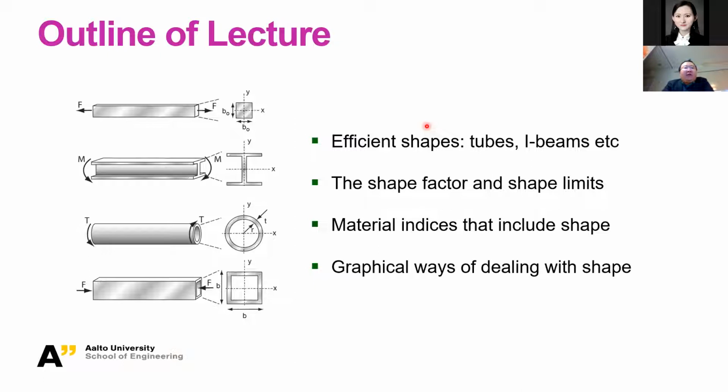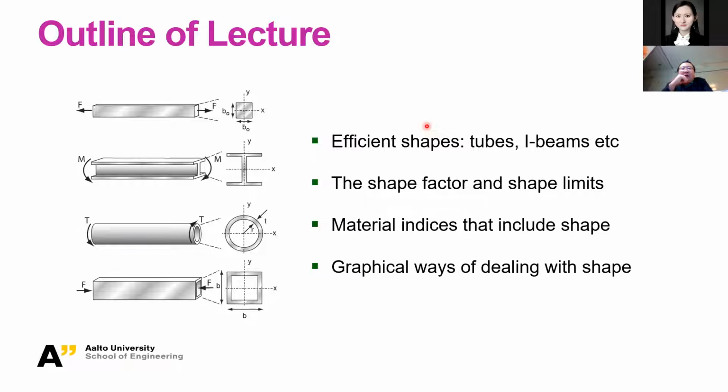So the outline for today's review lecture is simply covering 4 topics. First of all, I would like to give you the definition of shape efficiency, and it's related to a few shapes that you could play with. The second one is how the shape factor is calculated and what is the upper limit of the shape factor.